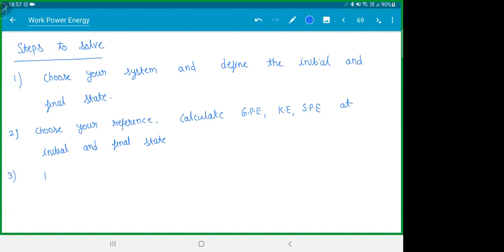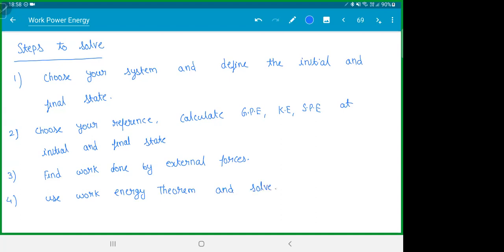Step 3, find work done by any external forces. If there are any external forces, find the work done. Step 4, use work energy theorem and solve. Look at the steps. Let's see a problem on this.